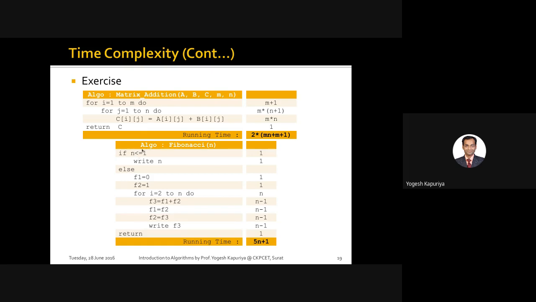So you are checking the condition. If your condition is true, you go in this branch. If your condition is false, you go into the other directly. You are never going to execute else part. So else is not a statement which actually consumes time. It is just the logic to separate out the flow of the algorithm. So that's why it is 0.